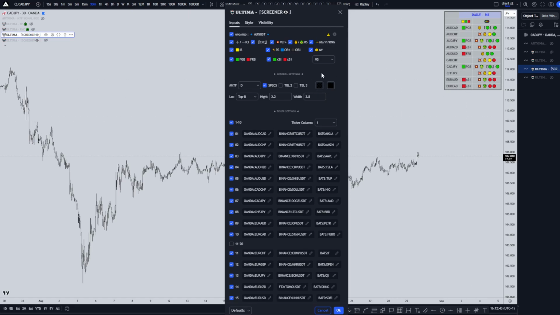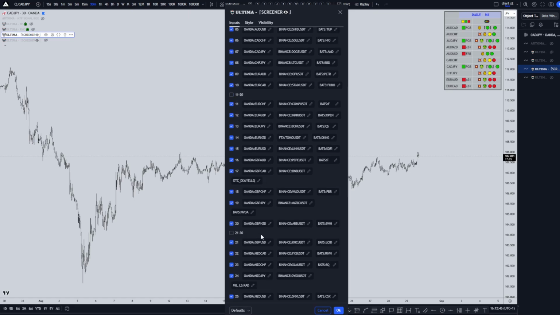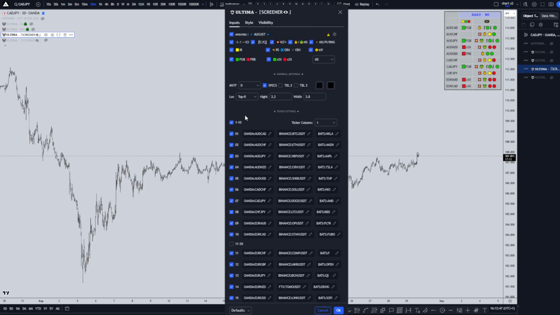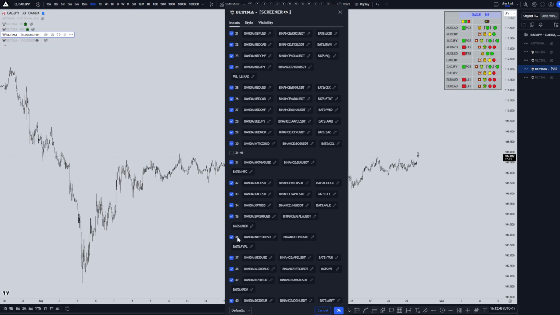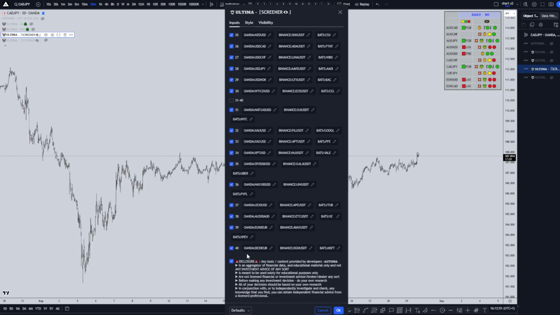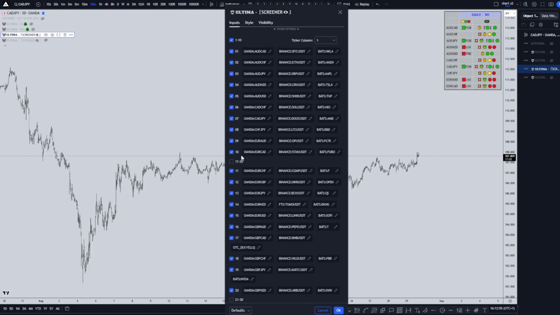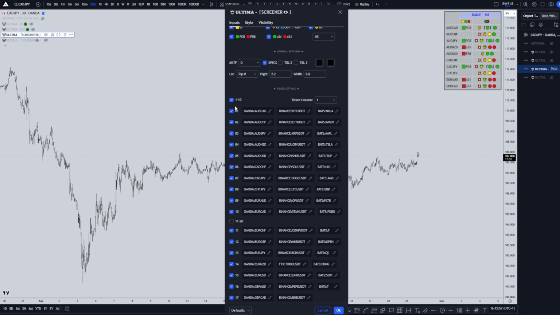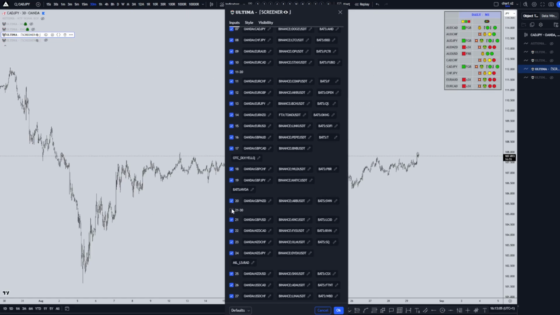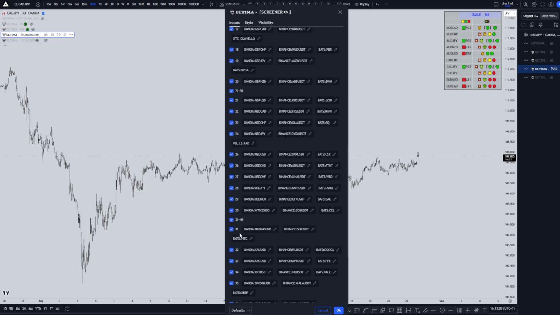So let's hit the first setting, maybe from the bottom. So we have 40 tickers available here, and just first thing, there are blocks of 10, so 1 to 10 by default shows the first 10 tickers, assets. So we instantly enable 11-20, 21-30, 31-40.